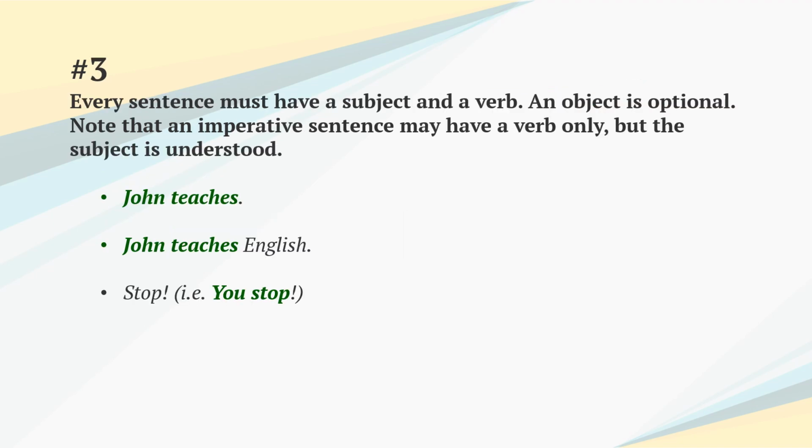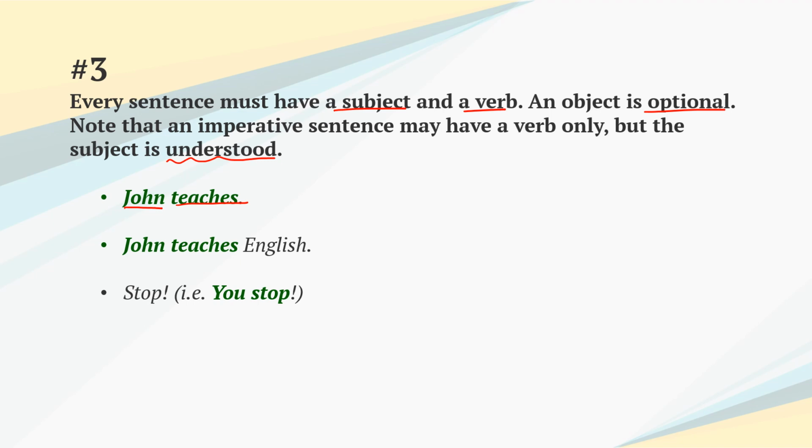Rule number 3. Every sentence must have a subject and a verb. An object is optional. Note that an imperative sentence may have a verb only, but the subject is understood. John teaches, subject, verb.